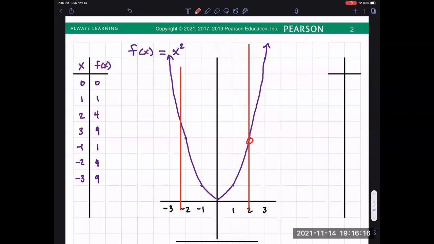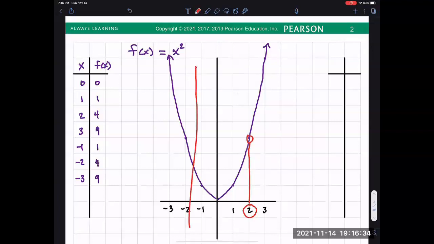So that was the vertical line test. And if a graph passes the vertical line test, then we know it's a function, because what that means is that each input x value only corresponded to one y value. When you make a vertical line and see that it only crosses once, that x value only corresponds to one point on the graph.